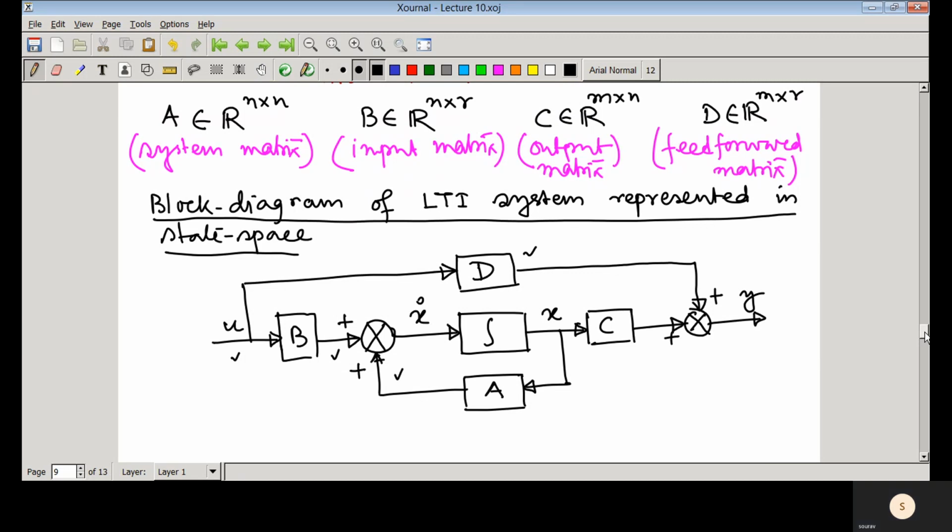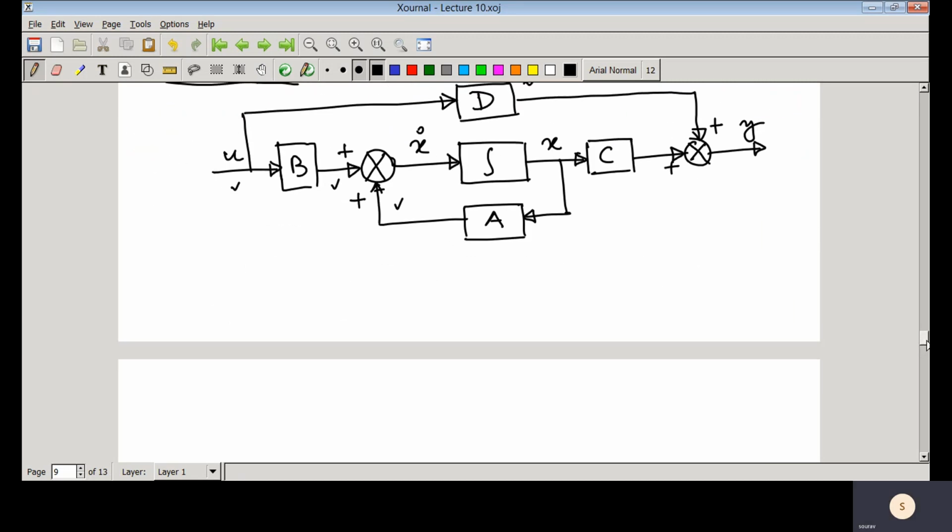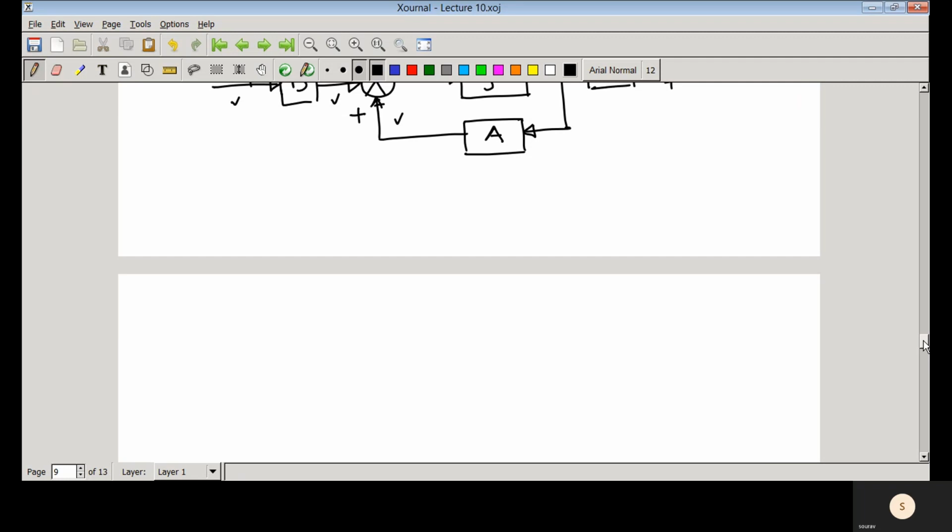And now we will discuss one important topic of state variable analysis, that is state space to transfer function. So just now we have seen whenever a dynamical system is given, how you can have that block diagram representation whenever we have that state space description.